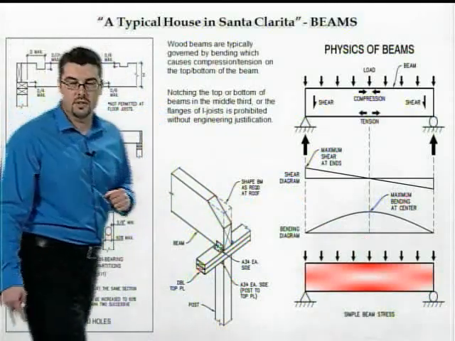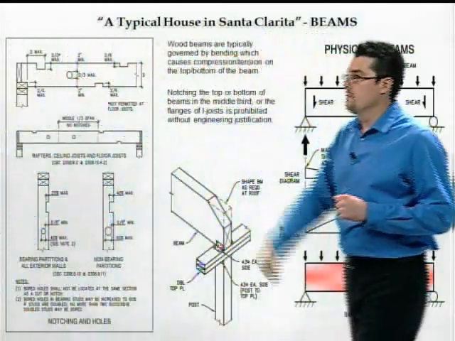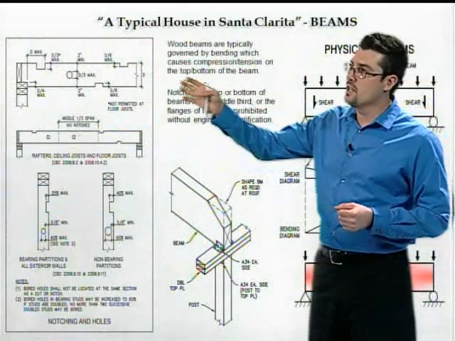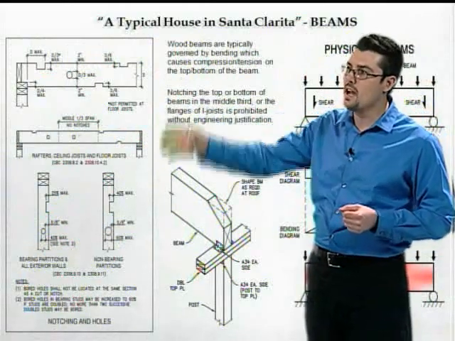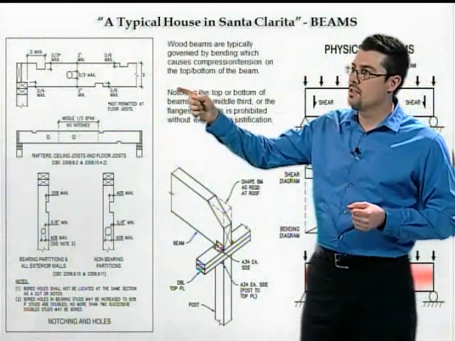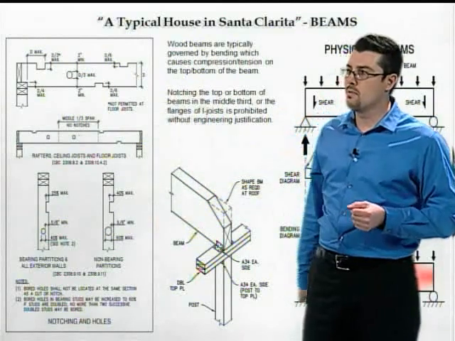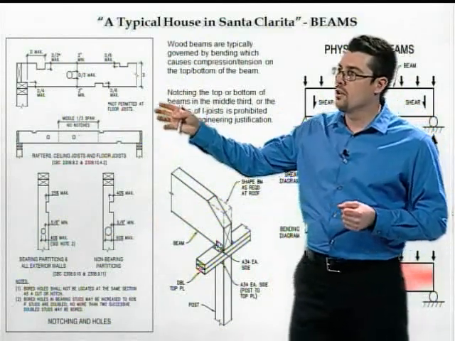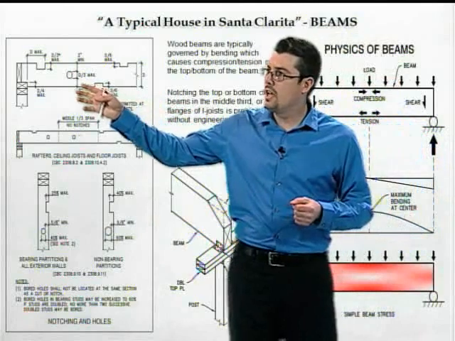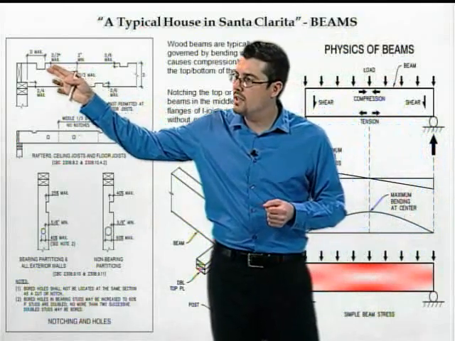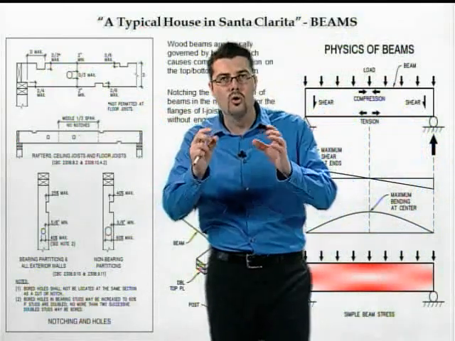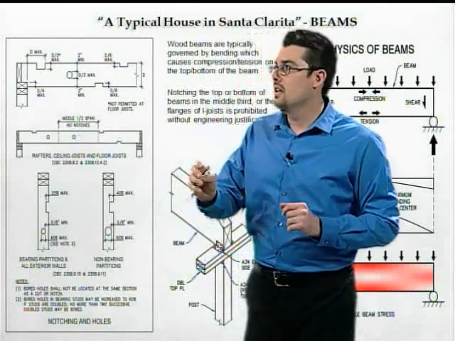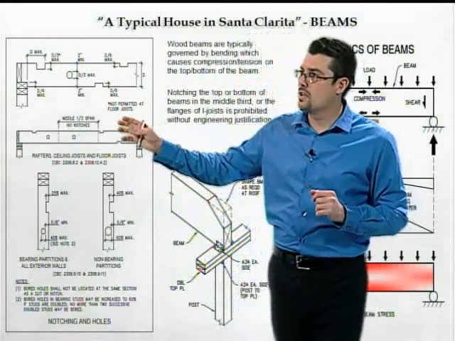Another thing in the building code that has been in the code for many years is limitations on how much you can cut and notch into beams. And these figures come out of the building code, and you'll notice the code allows you to cut holes and cut notches into wood framing only in certain spots. In other spots, holes and notches are prohibited.